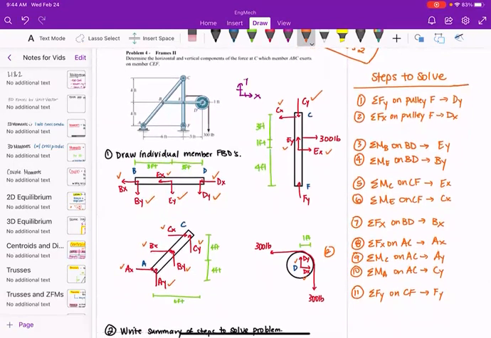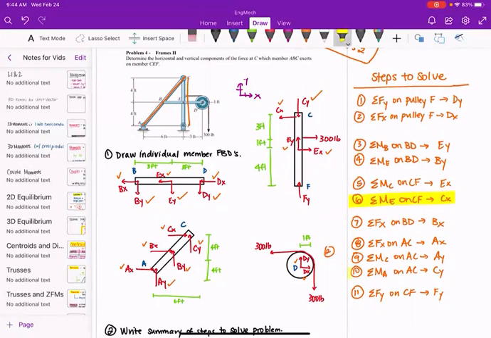If you look at it, this question was asking for the horizontal and vertical components of the force at C, which member ABC exerts on member CEF. So I'm looking at what this member is doing to this member, right? So I would use my answers for CX and CY on AC. If you look, I solved for CX here and I solved for CY here.